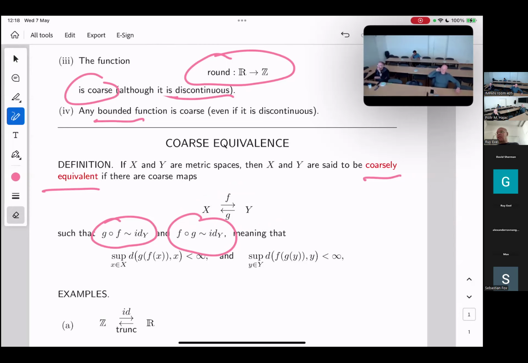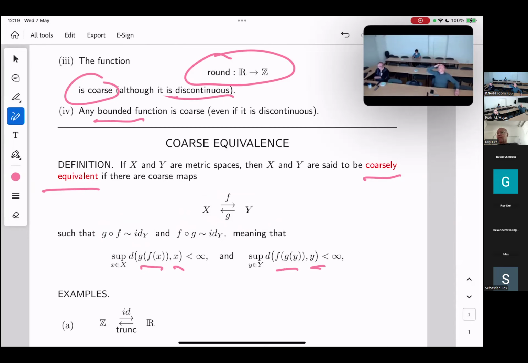What does this wiggle mean? It means that the distance between the composition g∘f and the identity function is finite, and likewise f∘g is close to the identity on Y, in the sense that the functions have finite distance, meaning a supremum of the distances. Here are examples.